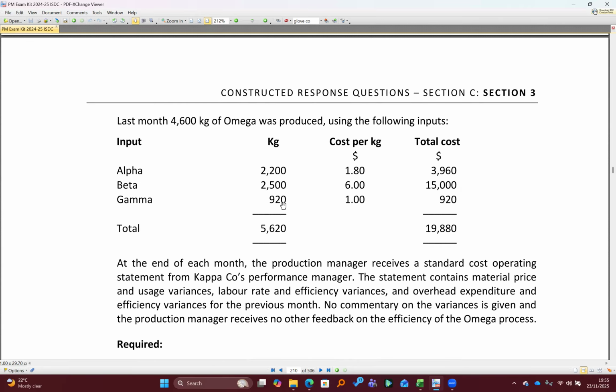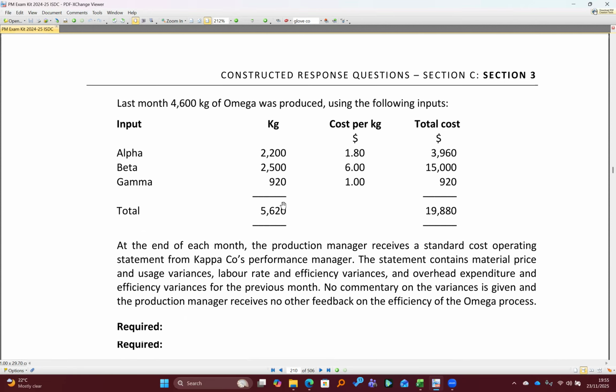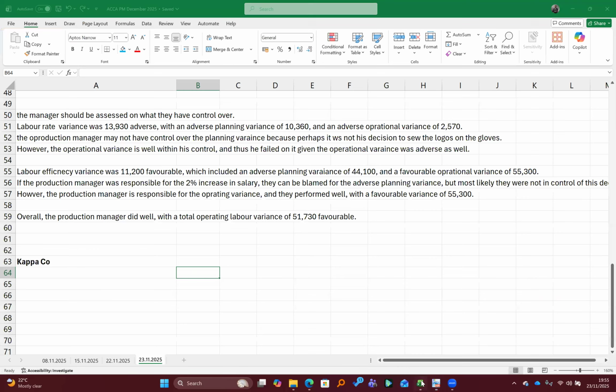So now, to determine the materials usage variance, there are some terms you're going to find, like actual quantity, standard mix, and actual quantity, actual mix.